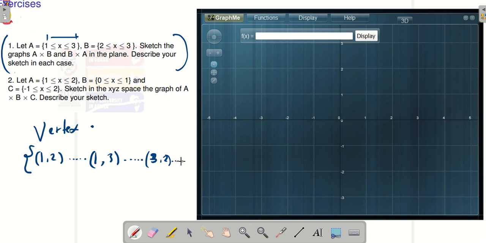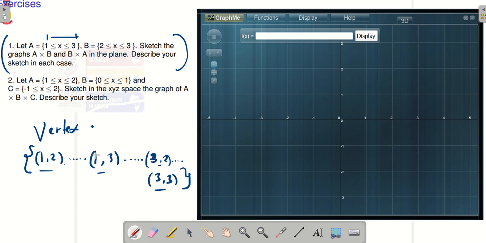Then it goes again. Then finally, 3 must pair 3. So that is going to be it. These are the vertex, the end points. I am using the dotted lines to indicate that it continues up to infinity because in between 1 and 3, there are infinite number of values. In between 2 and 3, there are infinite number of values. So that is going to be the concept.